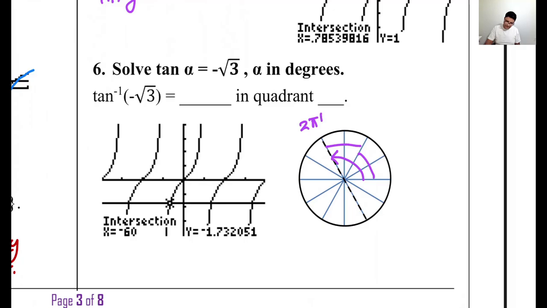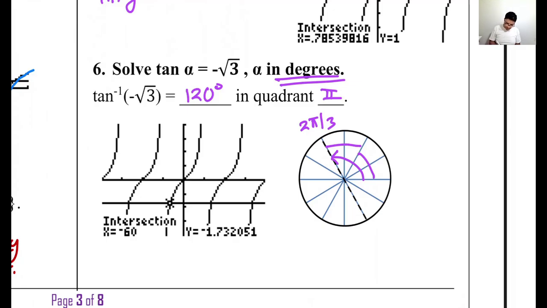The angle is 2 pi over 3. Okay, so this is 2 pi over 3 in quadrant 2. But then you can keep moving up. I'm writing in radians. You should write in degrees. In degrees, 120 degrees. Okay, in quadrant 2.